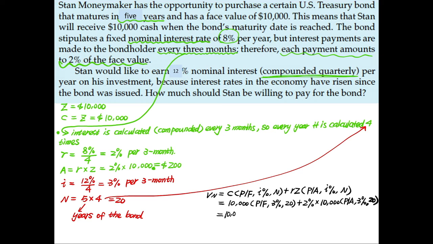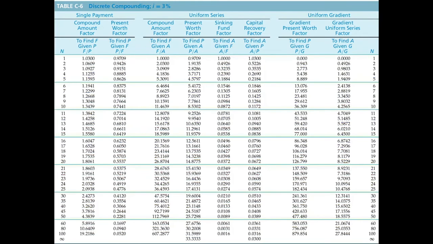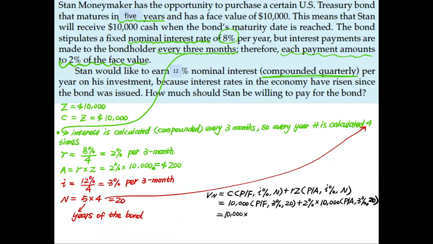So 10,000 times, you want to check the table of I equals 3%. That is the table, and you want to find P/F, where N is 20. So this is your factor, which is 0.5537.